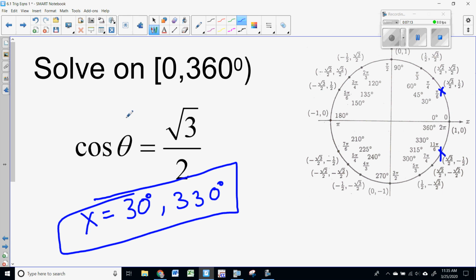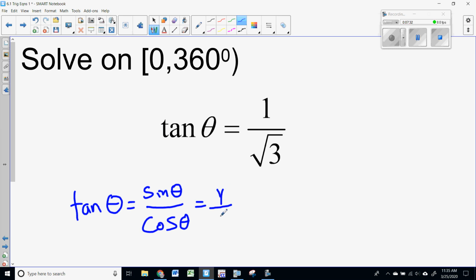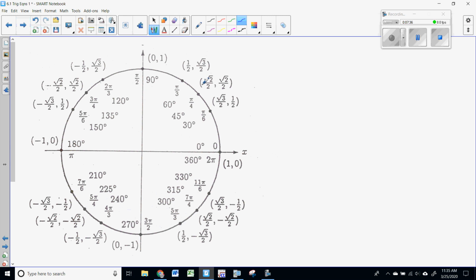Now, it could be a little harder if we have tangent. Because if you remember, tangent is equal to sine over cosine or y over x, however you want to think of writing it. Since we're on the unit circle, we could say the y over x. So if you think about all of our values on our unit circle, there's really only a couple things that can happen.